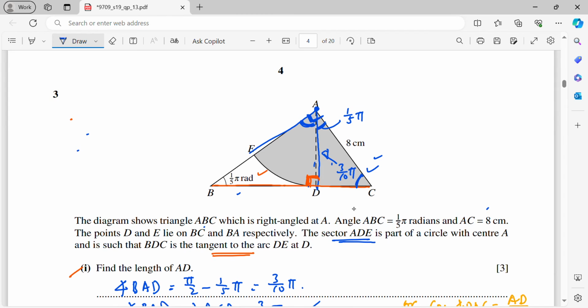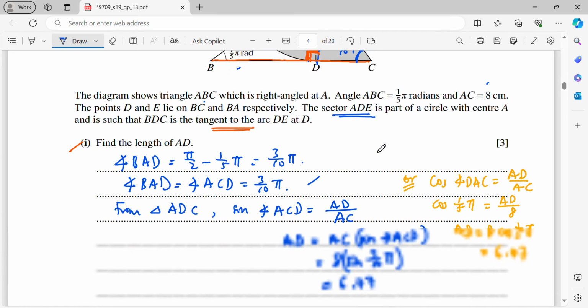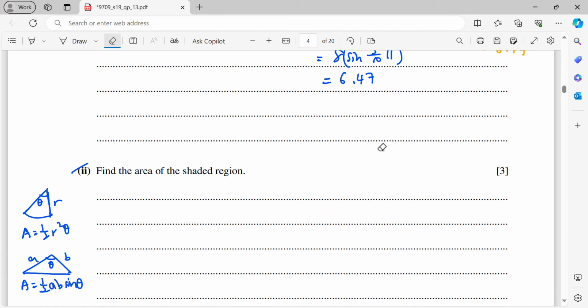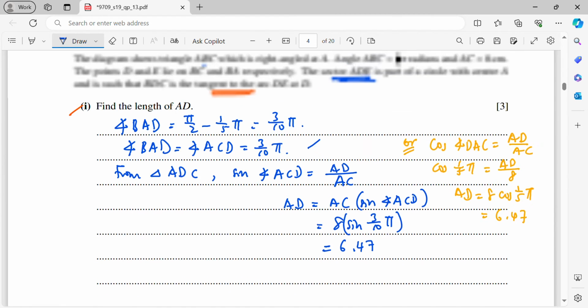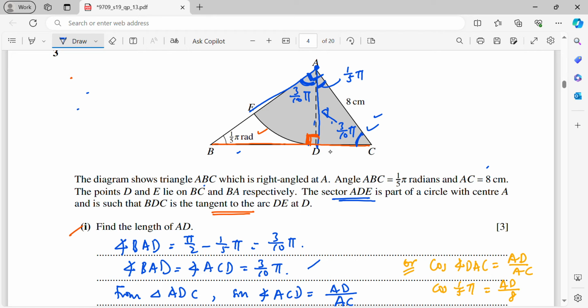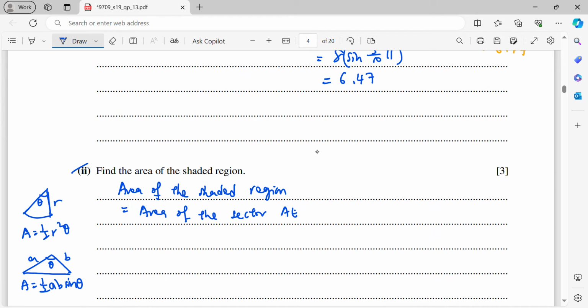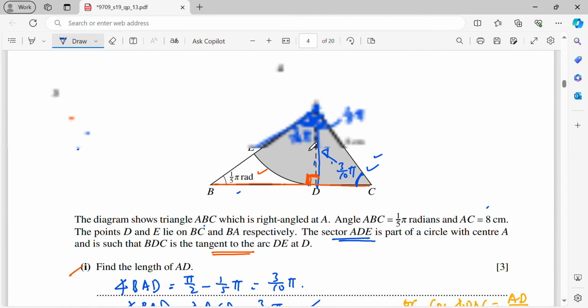So here, I will just write my area of shaded region equals to area of the sector AED. Okay, this is E. So AED plus area of triangle ADC.